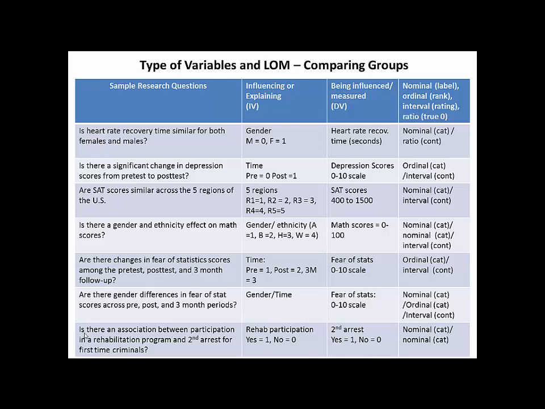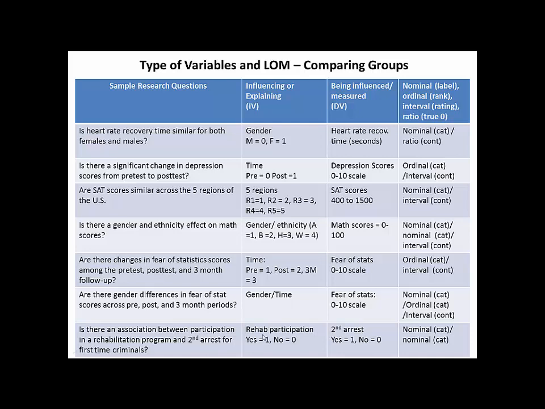And finally, is there an association between participation in a rehabilitation program and second arrest for first-time criminals? All right. So what do we believe is happening here? We believe that whether or not you participate in a rehabilitation program is going to affect whether you are arrested a second time.